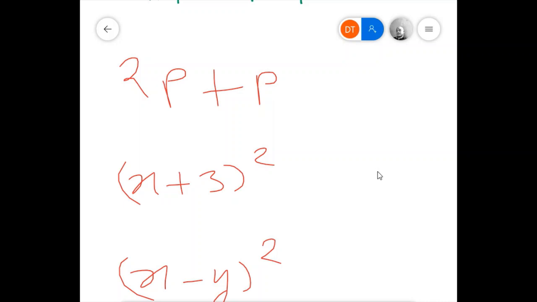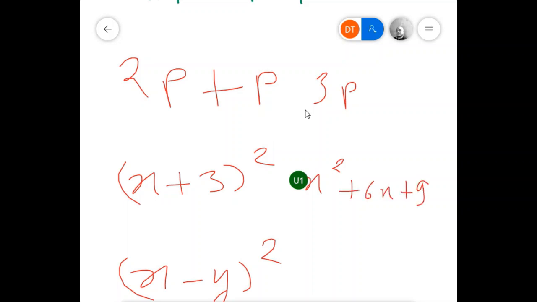We can replace 2p plus p by 3p. Okay, 2p plus p added together, it becomes 3p. Okay, so now when we look at x plus 3 whole square, it can be written as x square plus 6x plus 9.